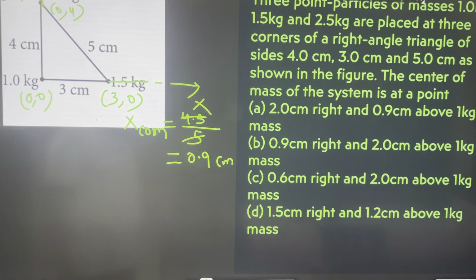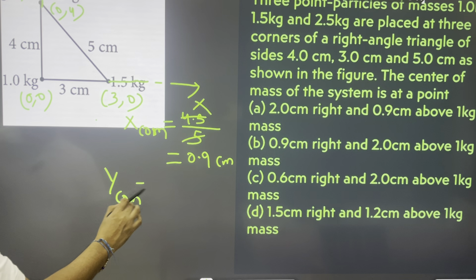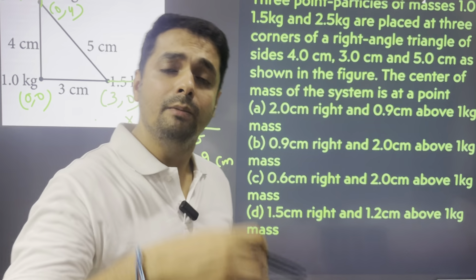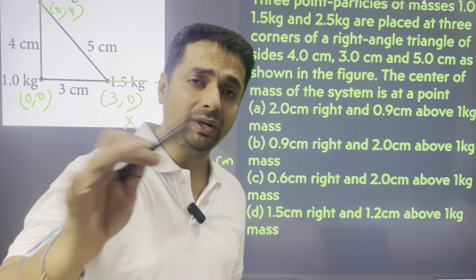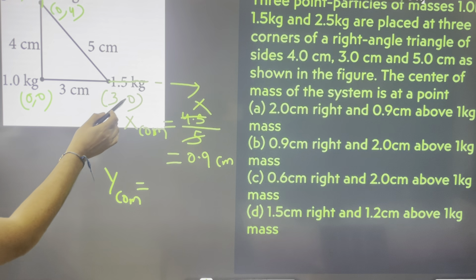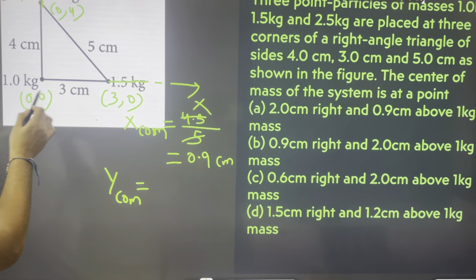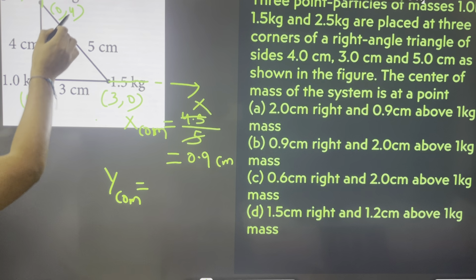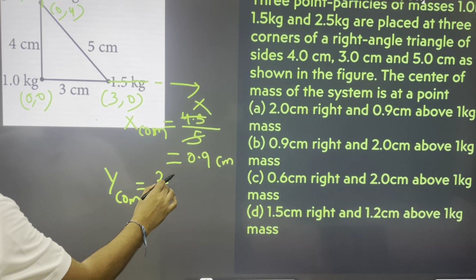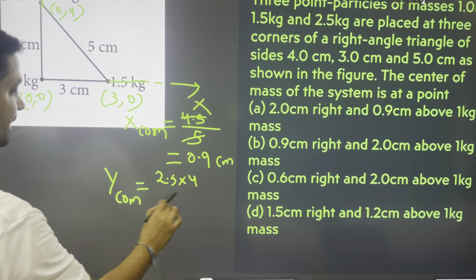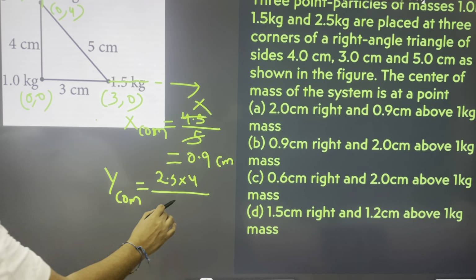We have to find the y coordinate now. Same way, the y coordinate of the center of mass is m1 y1 plus m2 y2 plus m3 y3 divided by m1 plus m2 plus m3. Here y is 0 for the other particles, so no need to take them, only 2.5 into 4 divided by the total mass, which is 5.